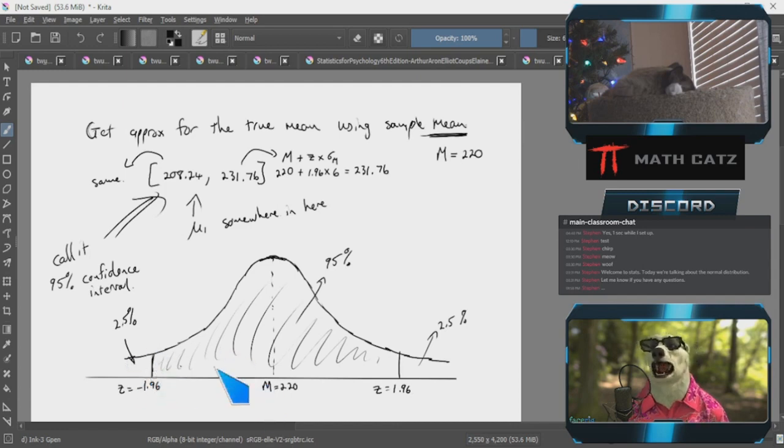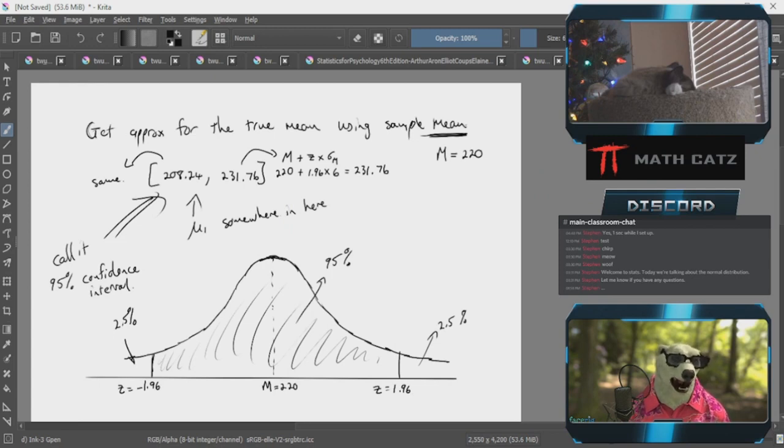Now, of course, we could change the alpha to something else, but this is the idea. By way of a confidence interval, we establish a range, an interval that hopefully captures the true population mean.